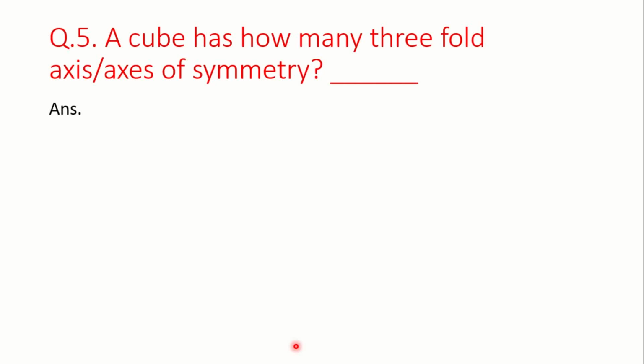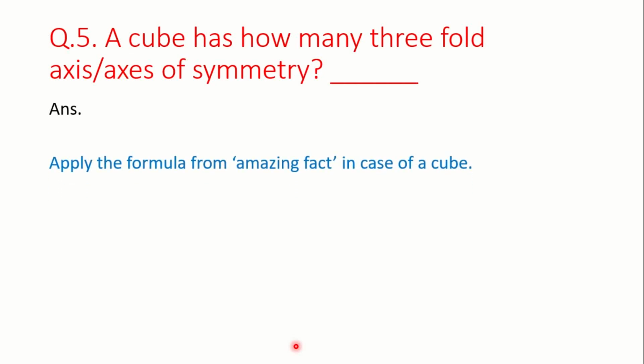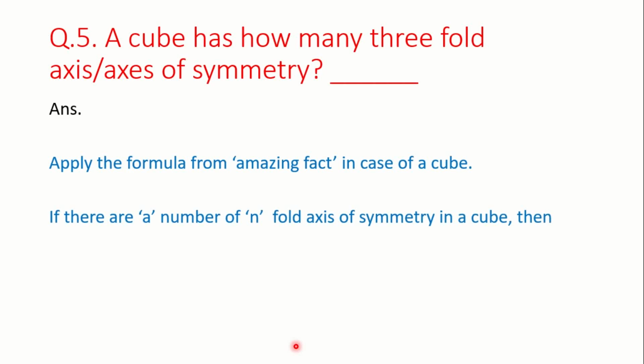Now let us discuss one question here. A cube has how many threefold axes of symmetry? So you have to recall the amazing fact where it is said that their product is always 12. N into A is always 12. If A is the number of n-fold axes of symmetry in a cube, then N into A always equals 12.